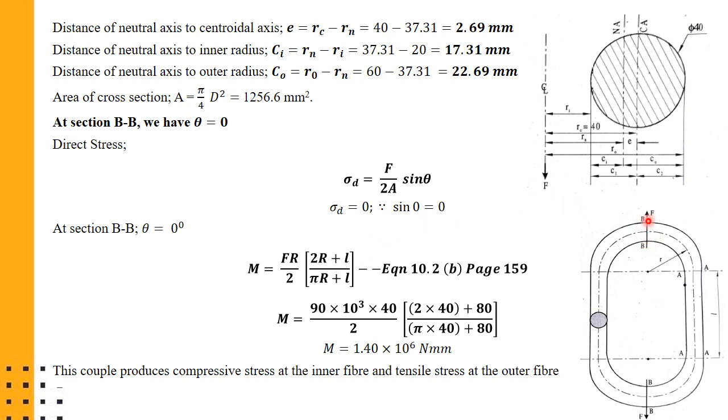As I have told you previously, whatever moment is generated at section BB due to the tensile load acting, compressive stresses are generated at the inner fiber and tensile stresses are generated at the outer fiber. So we'll calculate one by one.